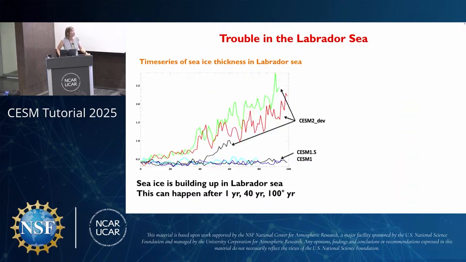The problem with this is also that the sea ice could build sometimes after 1 year. This is a time series of the ice fraction in the Labrador Sea in different versions of the model.